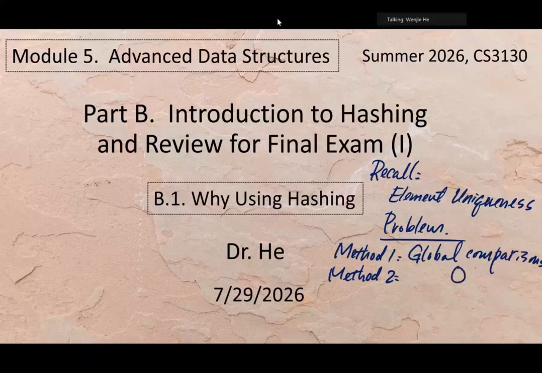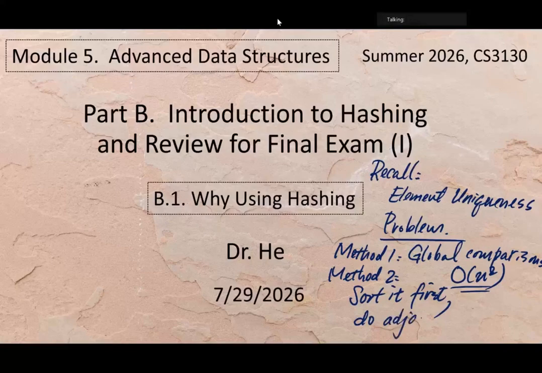So the final result is big O of n squared efficiency. Method 2, we sort it first. We organize the data first. Then, after that, we do adjacent comparisons.